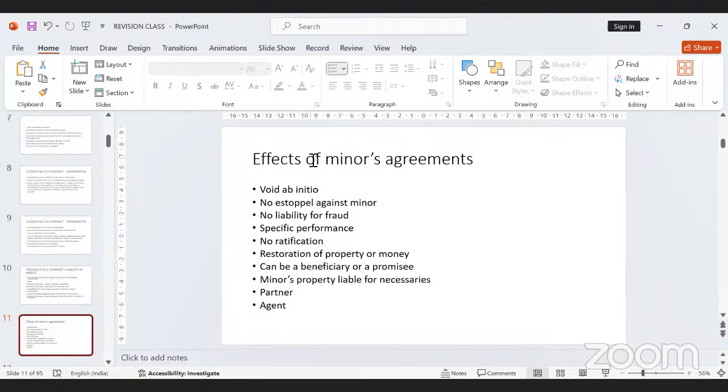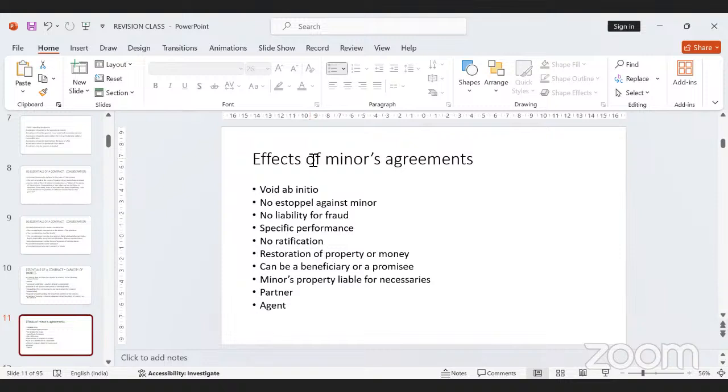So take for example, a minor fraudulently misrepresented his age and borrowed 1 lakh rupees from X. Now later afterwards, X came to know that this person is a minor, and now I have given the money, but later I cannot take it back from that minor because all agreements entered into with that minor are null and void. So X comes to this minor and says, "Come on, give back my money." If the minor still has the money left with him, yes, he has to give back that money. But assume the minor has spent all 1 lakh rupees.